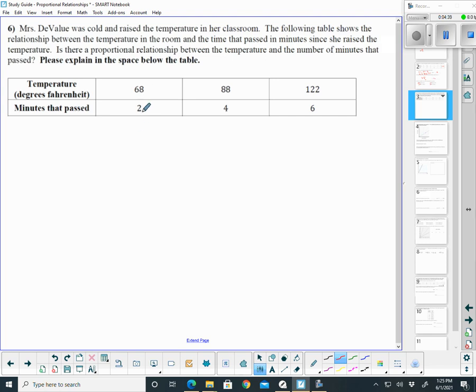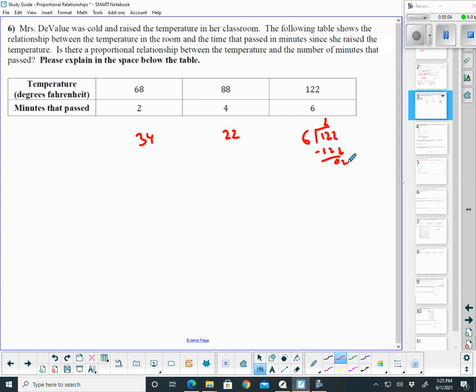So you can find the constant of proportionality. 68 divided by 2 is 34. 88 divided by 4 is 22. And 122 divided by 6, well, let's do it this way. 6 goes into 12 2 times. 2 times 6 is 12. No remainder.